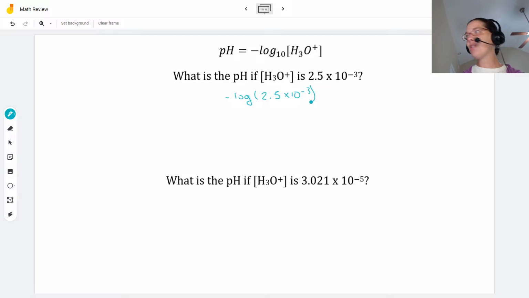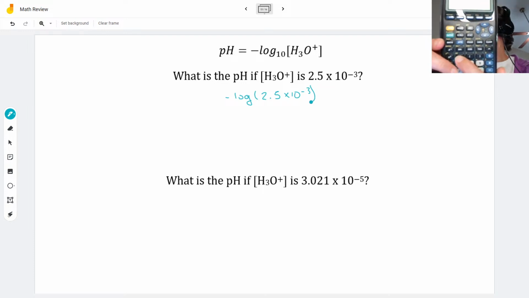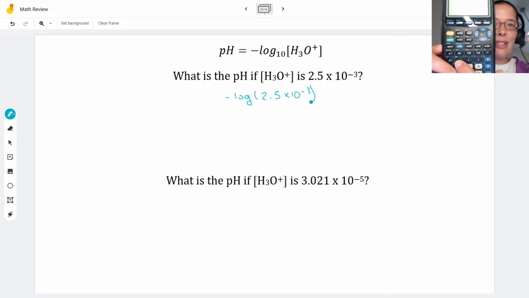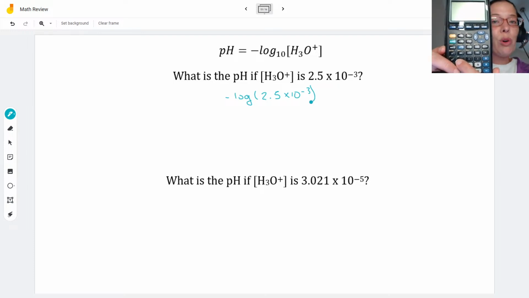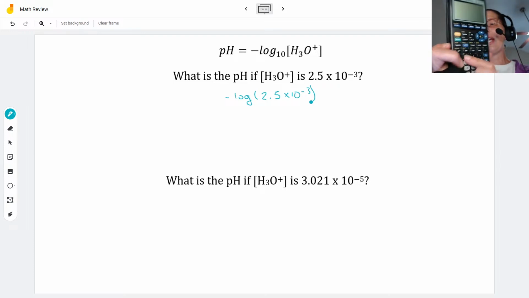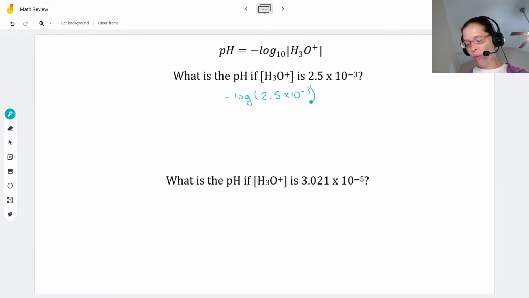So let me first try to show this here. There it is. You see this little button here that has the double capital E. That gives you your scientific notation. It's really important that you use this button for scientific notation. So let me show you what it looks like when I put this equation into my calculator with the negative log.